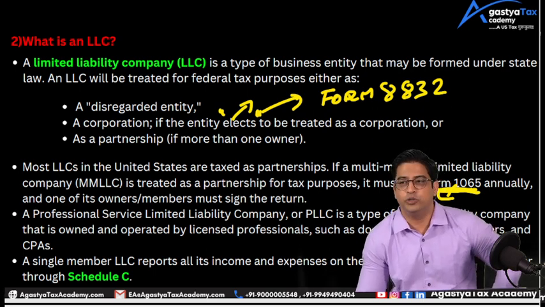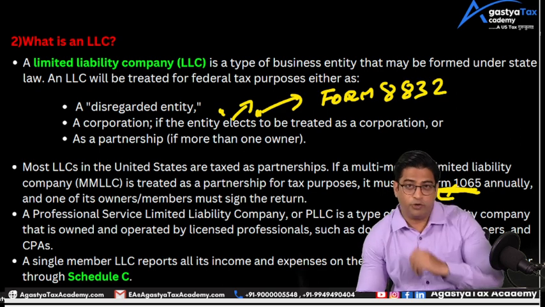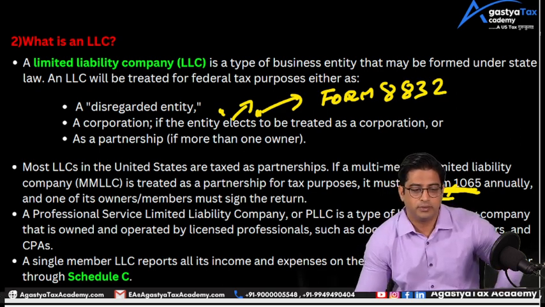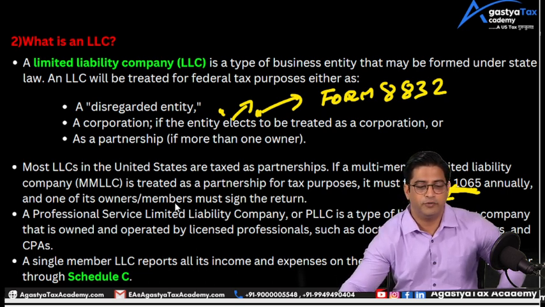And one of its owners/members must sign the return. One of its owners must sign the return.